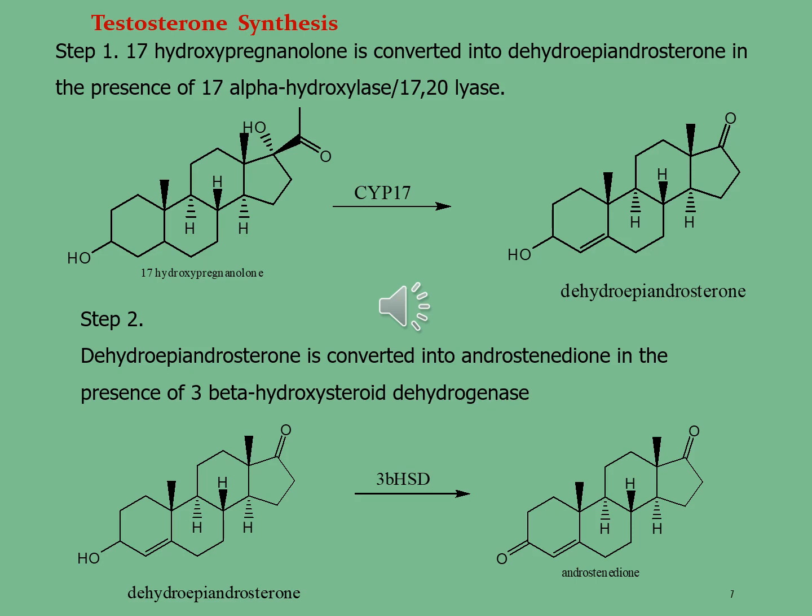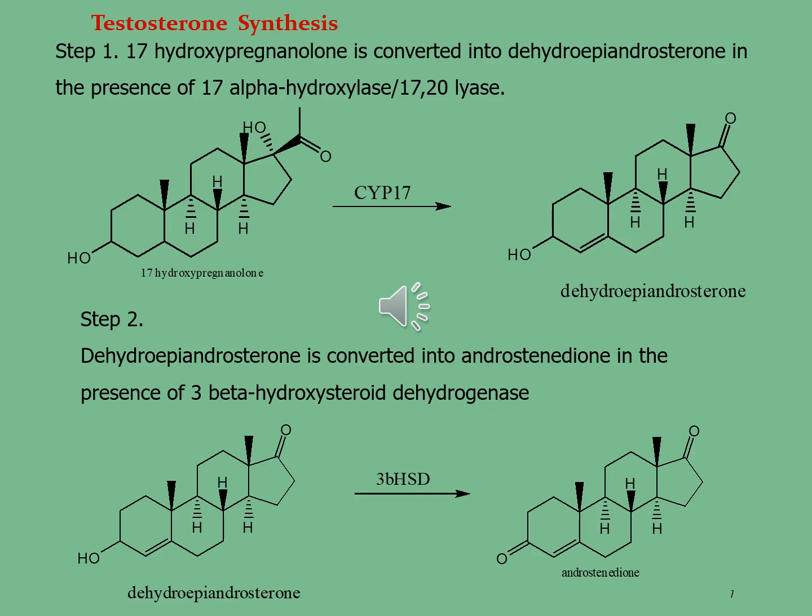So this structure is converted into dehydroepiandrosterone in the presence of enzyme 17-alpha hydroxylase 17,20 lyase. The structure of dehydroepiandrosterone consists of two functional moieties. One is a hydroxyl group at carbon 3 position and the other is a carbonyl group at carbon 17 position, by the addition of a double bond at carbon 4 position.